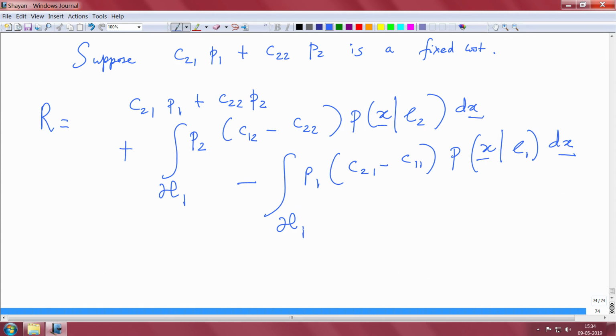I want to integrate it over the space H1 and come up with a simplified metric. So, we want to minimize R.